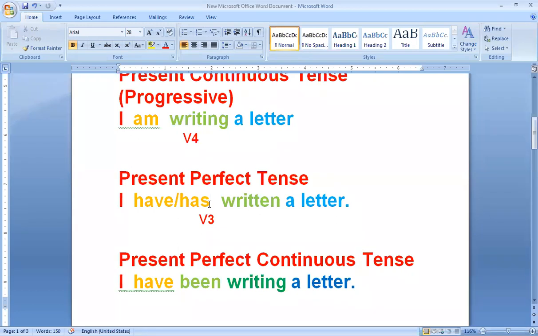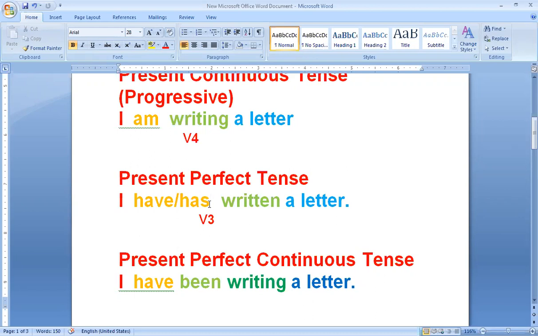I have just got a pen. He has gone to market. He has cut his finger. My daughter has eaten all the apples. He has come recently. She has gone to school. So when an action is completed in the present or just before the time of speaking, we use present perfect tense.